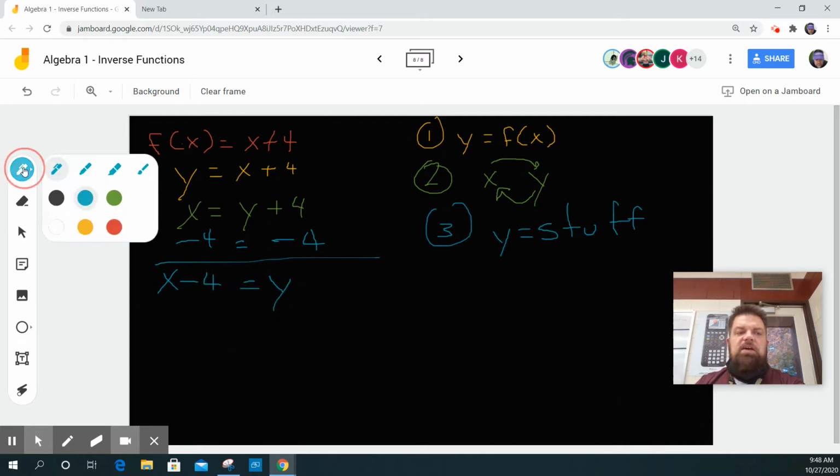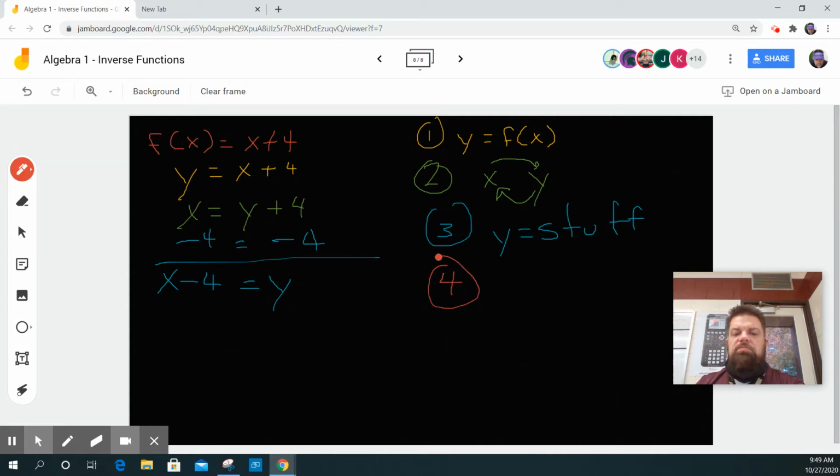And then the last step is I'm going to put it in function notation, right? So I could rewrite this as f inverse is equal to x minus 4.